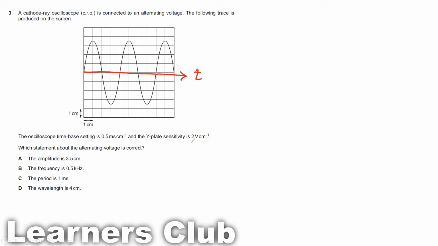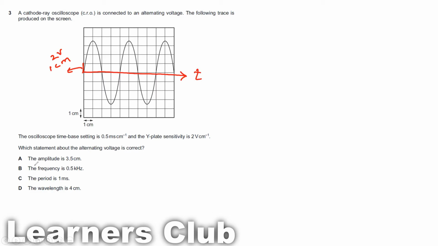And the Y plate sensitivity is 2 volt per centimeter. The Y plate, that is the y-axis, 1 centimeter corresponds to 2 volt. What statement about the alternating voltage is correct?